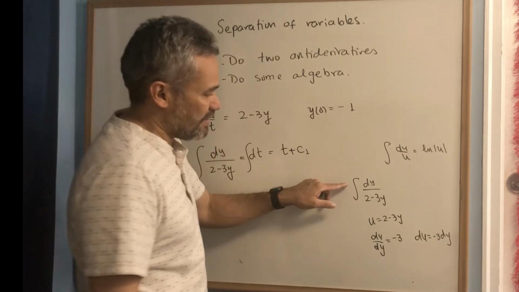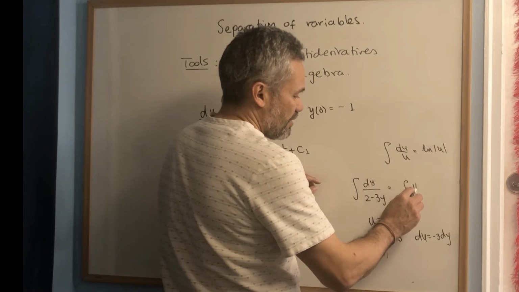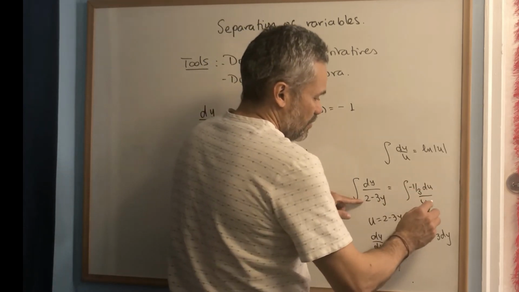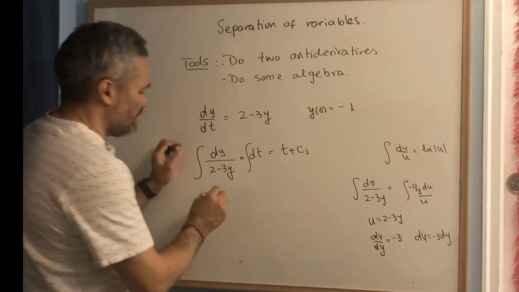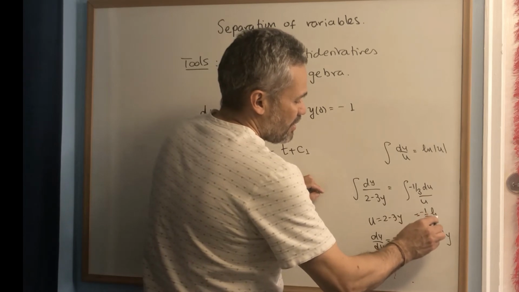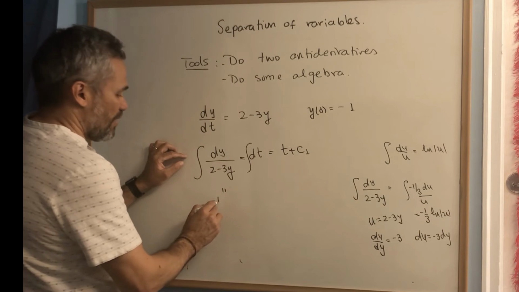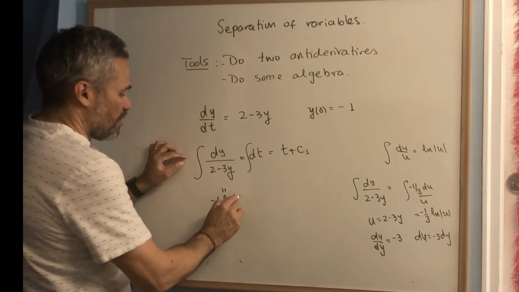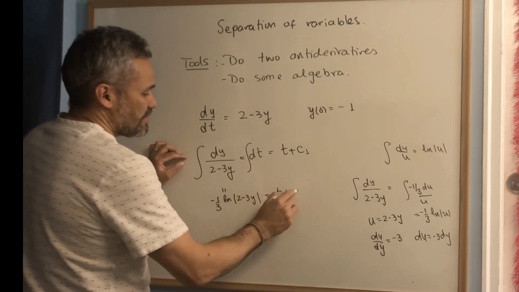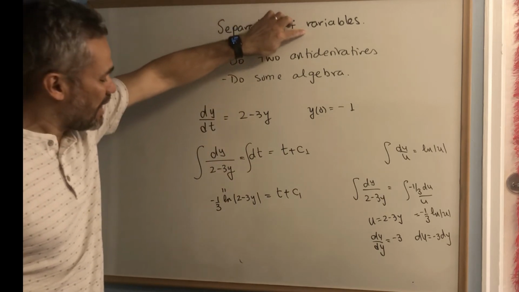Let's see if I can replace everything. The dy can be replaced with negative 1/3 du, and this is just u. That means that this antiderivative is just negative 1/3 natural log of the absolute value of u. That means that this integral is negative 1/3 natural log of the absolute value of (2 minus 3y), and I have that this is t plus c1. Notice that I have done the two antiderivatives.